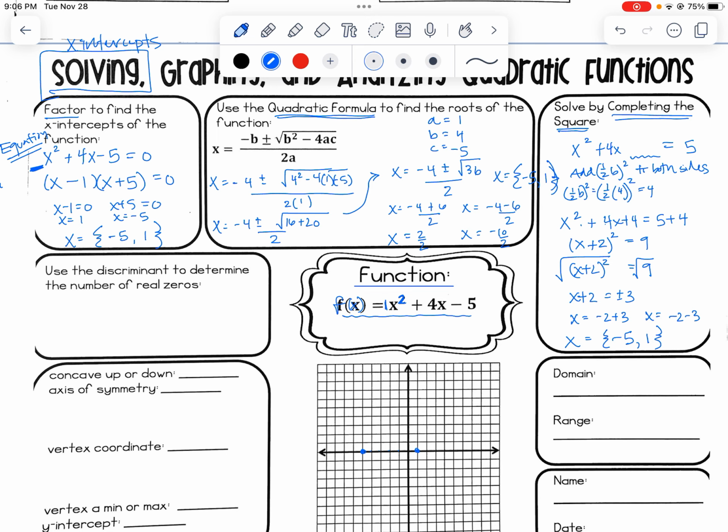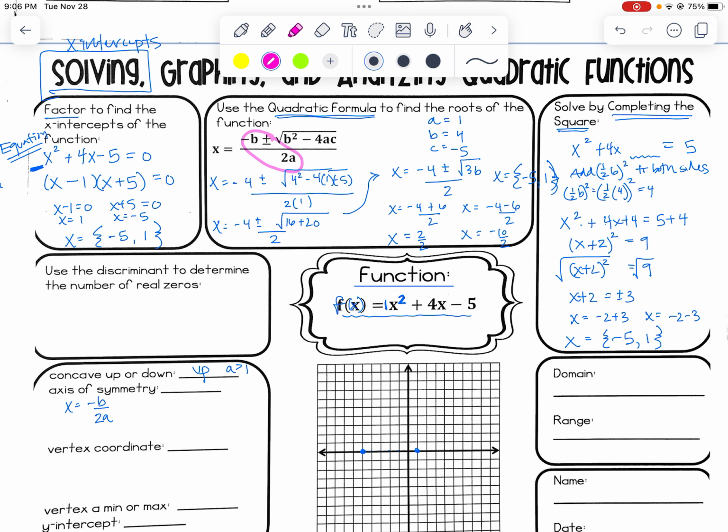Now we start to talk a little bit more about some other things. I know that this function is going to be concave up. It's going to open up because a is greater than 1. The axis of symmetry is found where x equals negative b over 2a. That should look familiar. That comes from this part of the quadratic formula right there.